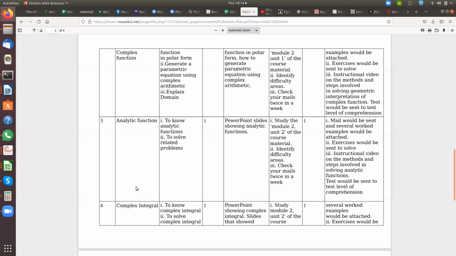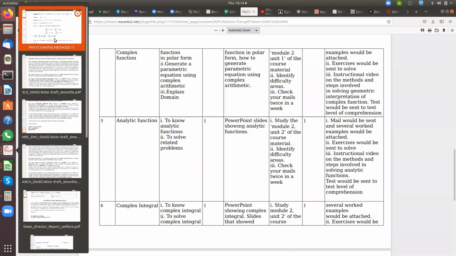So automatically the function is not analytic. Did you get that? But you notice that an analytic function is about being differentiable. So why must they do it twice when the first one is differentiable? Okay, let's come here.